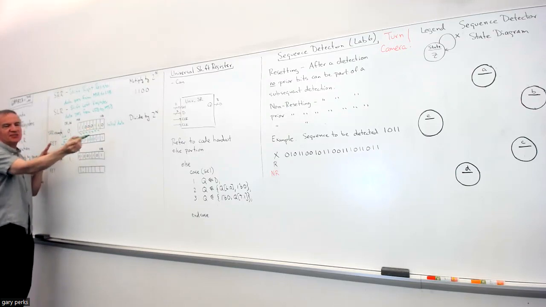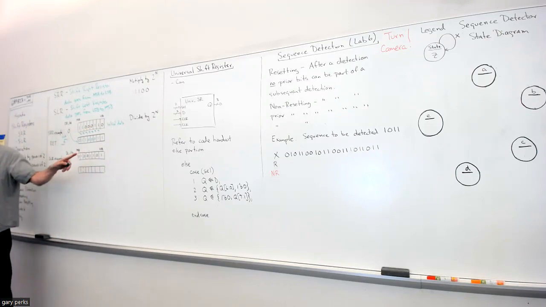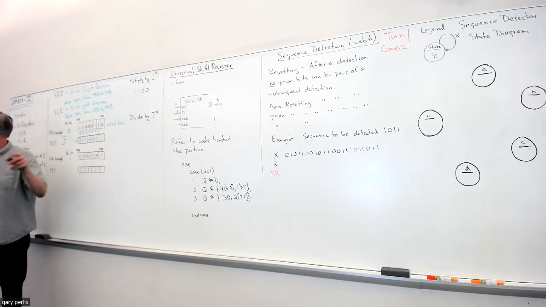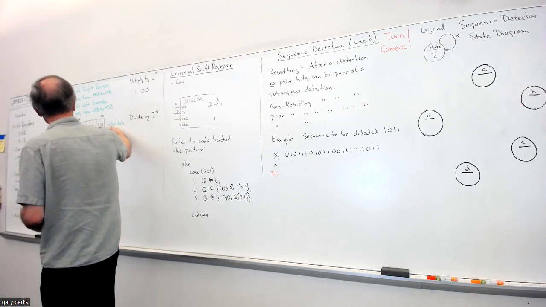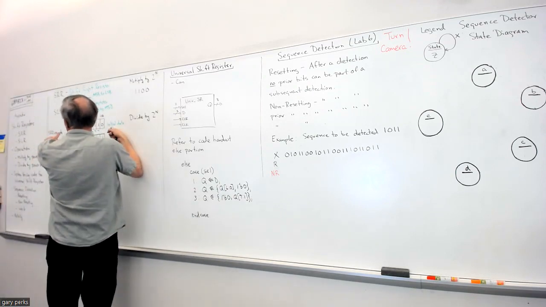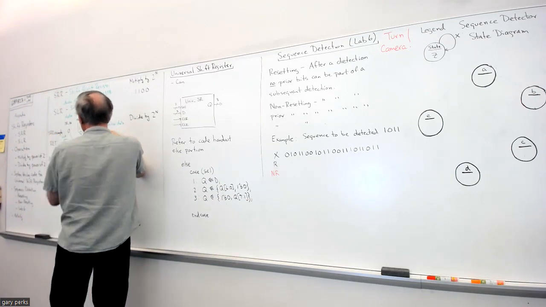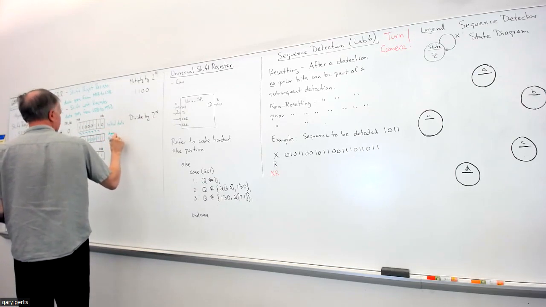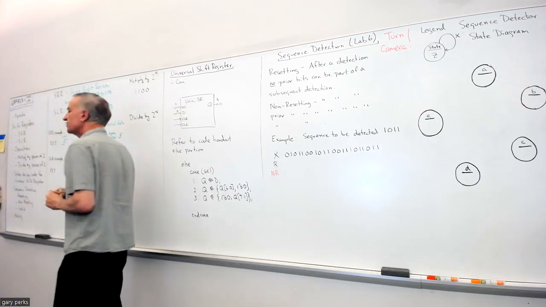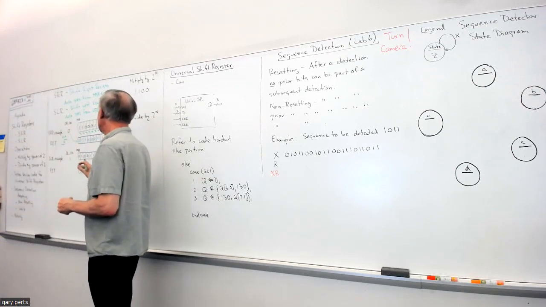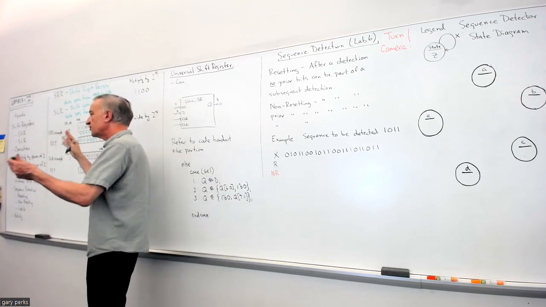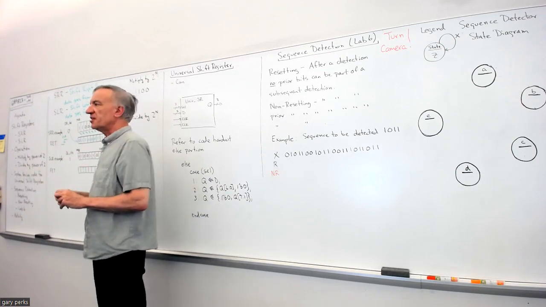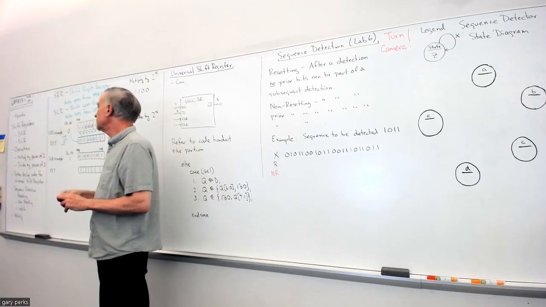And then this bit here would just fall off the face of the earth because there's no way for it to go. So you see, if this is our initial data, and we're doing a shift right, and we put a 0 on the DR_IN, this is what we're going to have after the clock edge. And so this is the data after the clock edge occurs, right? Because the shift happens at the time of the clock edge, and then after, the new data will be there. Okay.